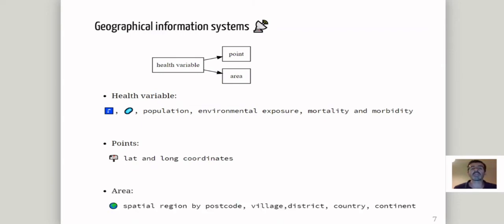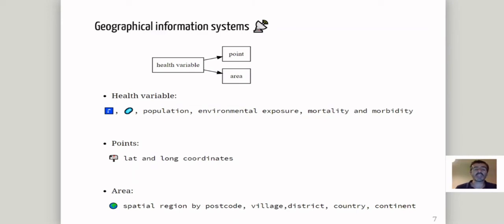And we can talk about a geographical area, which we usually describe in geography as polygons, where we can determine variables by larger areas such as continents, countries, or a village, or even smaller areas.